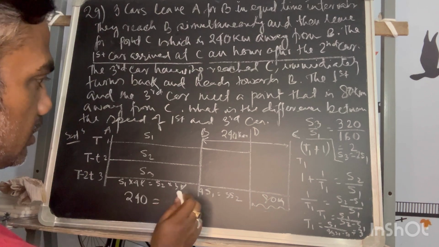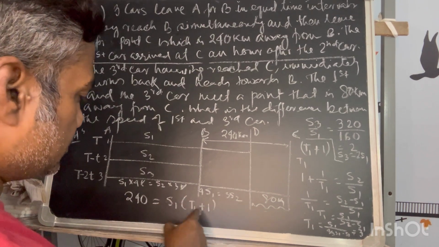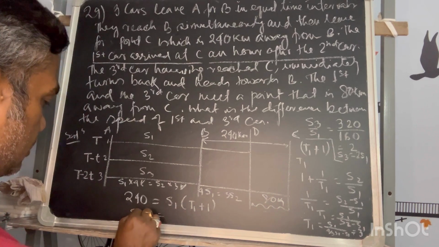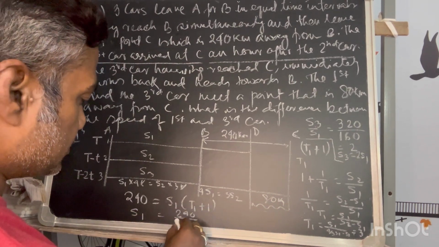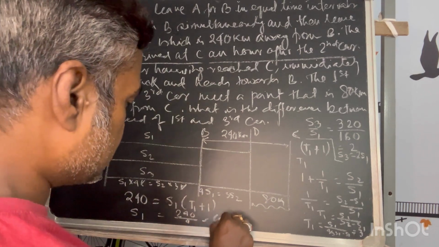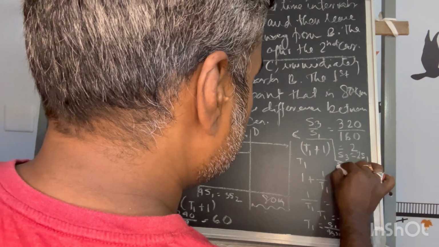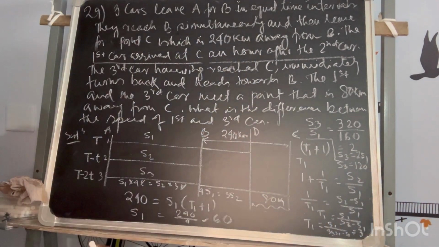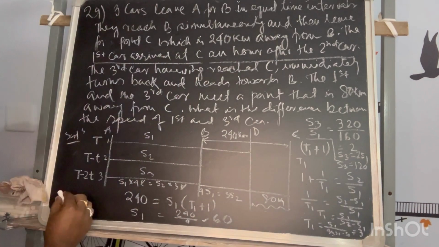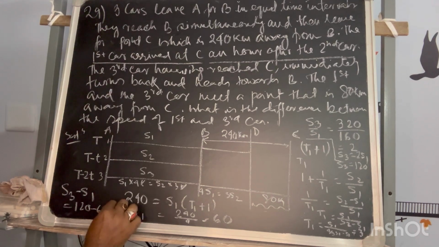I need not calculate S2, rather S1 takes T1 plus 1. T1 is equal to 3, so S1 will be 240 divided by 3 plus 1, which is 4. So that is equal to 60. So S1 is equal to 60. Then S3 is equal to 2 into S1, which is 120. So the difference is S3 minus S1, which is 120 minus 60, that is equal to 60.